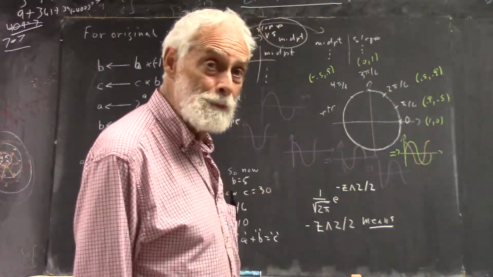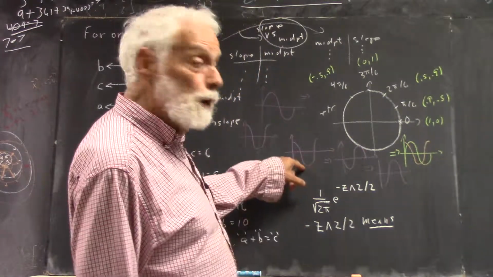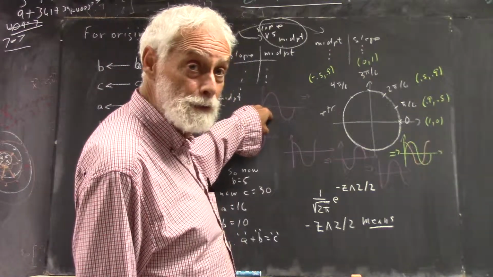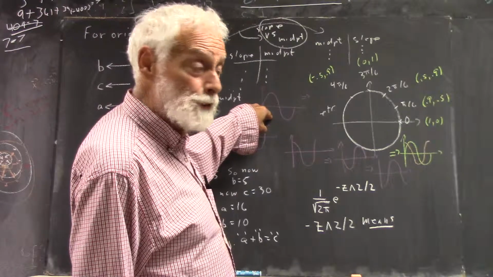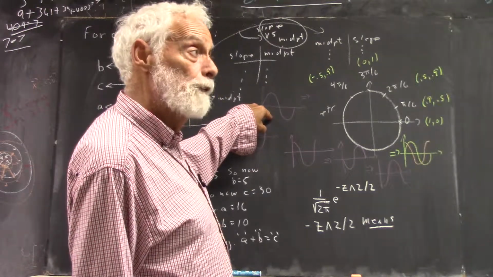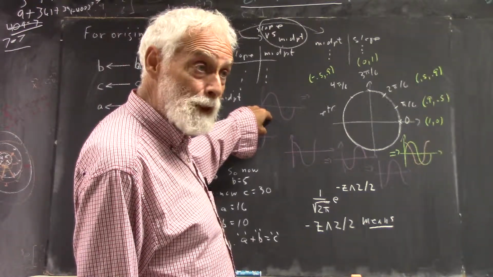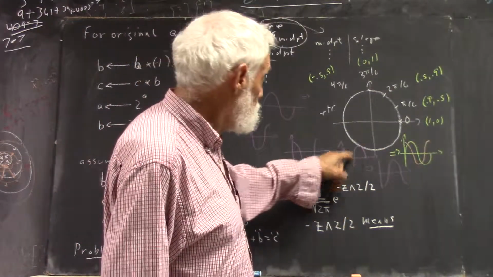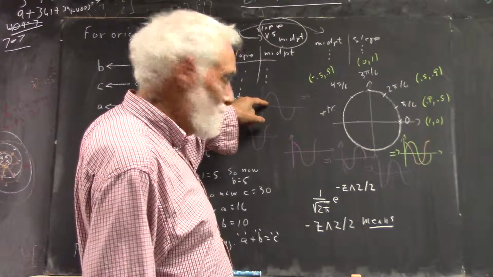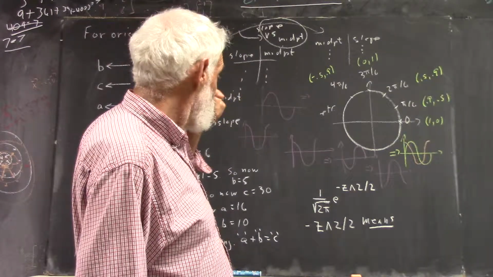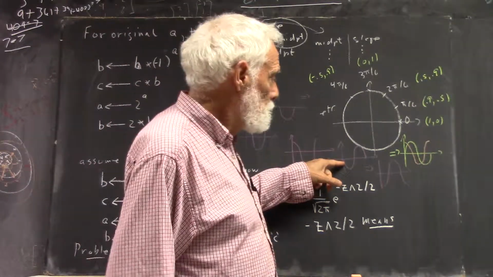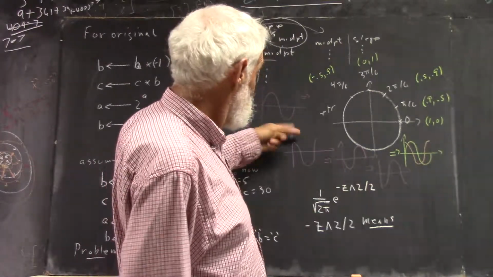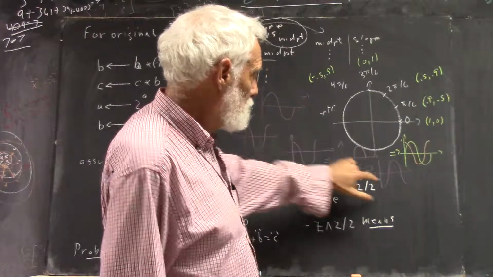So the slope graph for your cosine graph is the negative of the sine graph. Now, it won't exactly be, because you're doing a slope graph of a trapezoidal approximation. The smaller the intervals you use, the more closely this would match the negative of this one. And if you do a slope graph of this one, it's going to look like the opposite. You flip the cosine graph over and you get this.